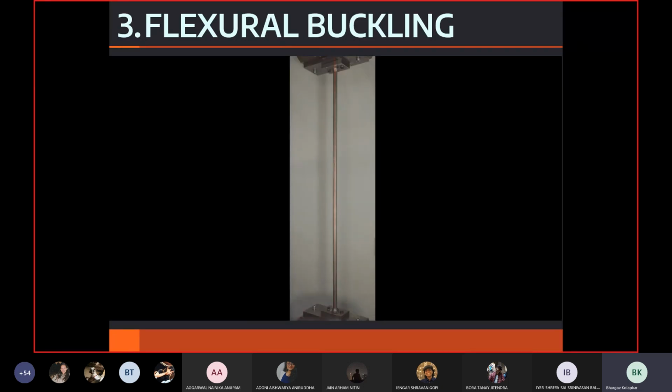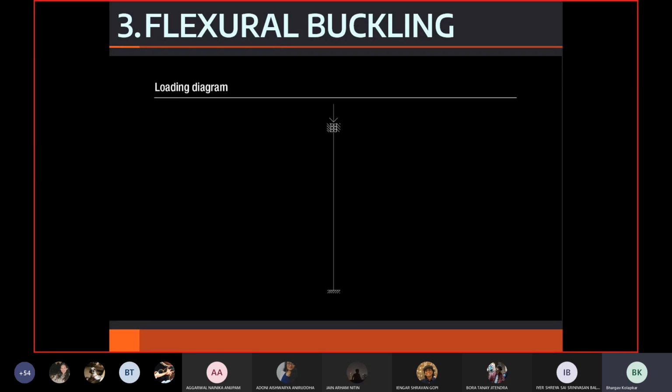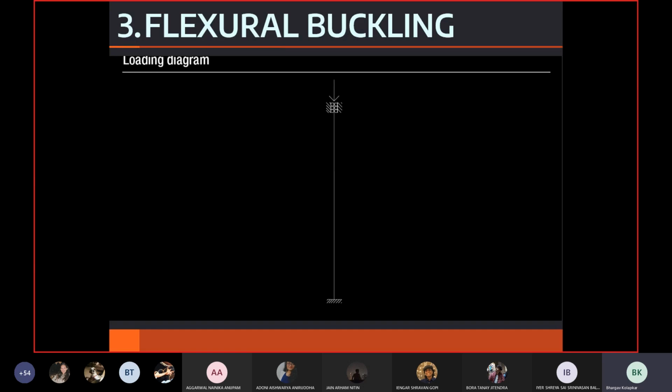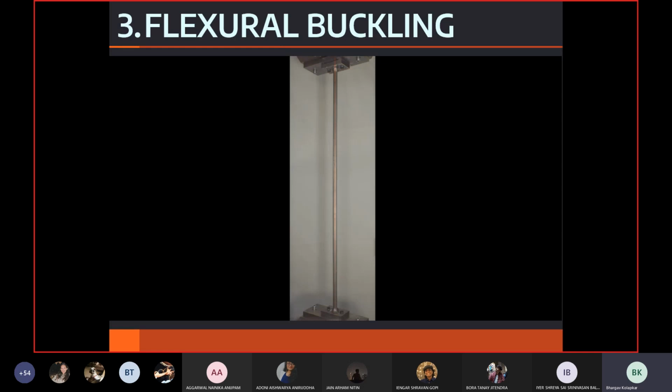This video shows a slender fixed-ended column being tested in compression. The specimen is a rectangular hollow section made from structural steel. The length has been chosen so that the failure is dominated by a buckling instability. This is primarily a geometric effect. The loading diagram shows a compressive force evenly applied to both ends of the specimen. The testing rig is now starting to apply a compressive force to the specimen.